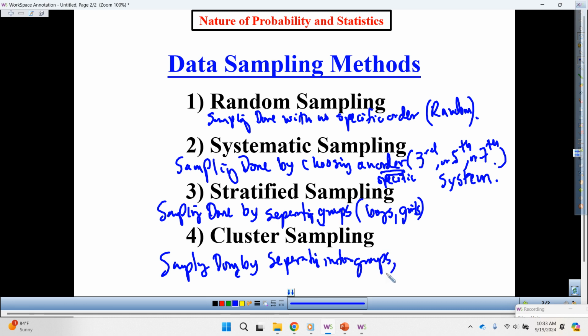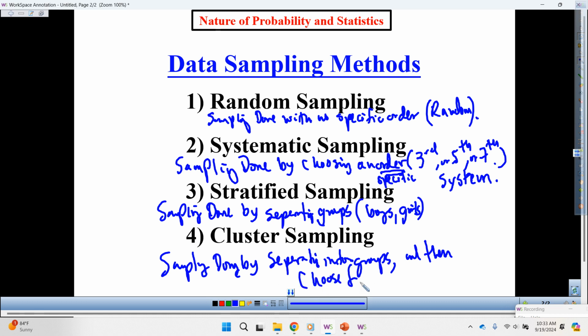That was done first. And then? So we separated into groups. Then what did I do? Choose from a specific group.